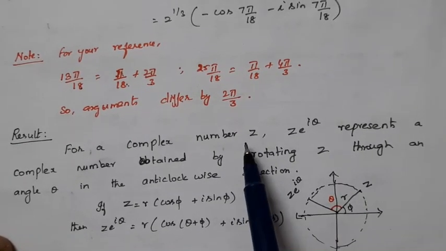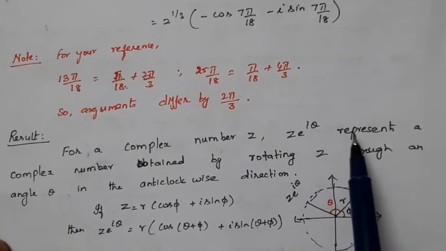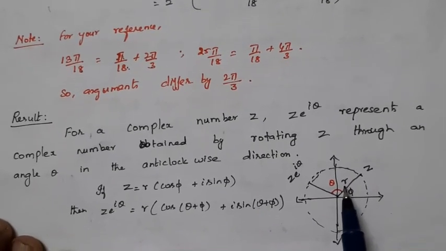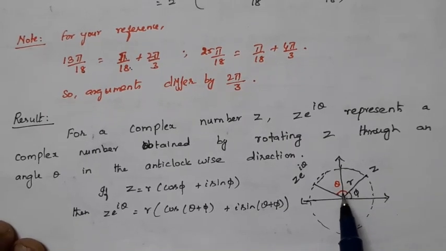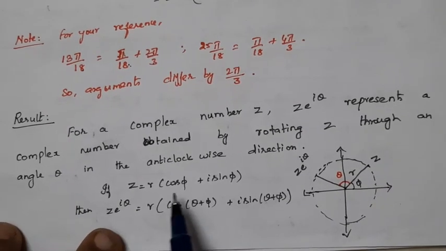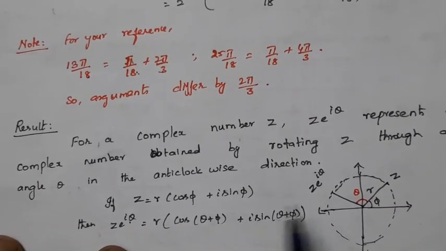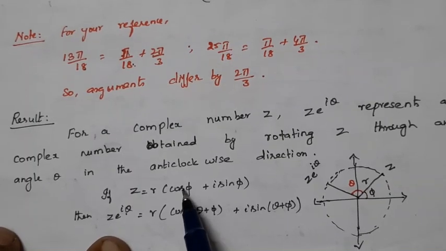Likewise, if a complex number is in polar form and you multiply by cos theta plus i sin theta, it will move to a position in the circle with radius r, and the argument is added by that theta. That is, if z is equal to r into cos phi plus i sin phi, then what is z into e power i theta? The argument theta is added to the argument phi.